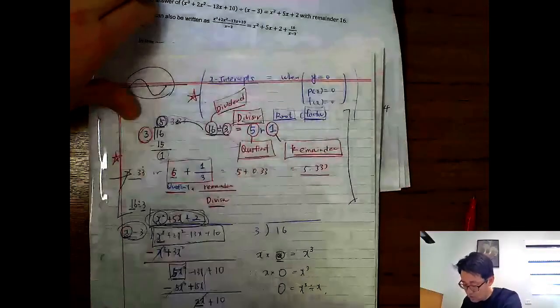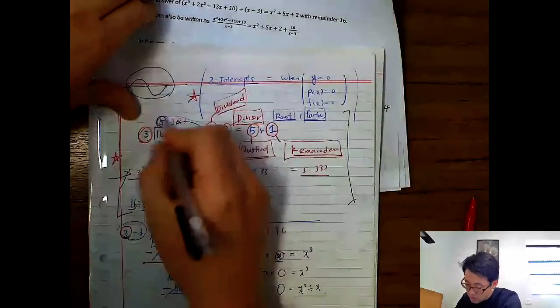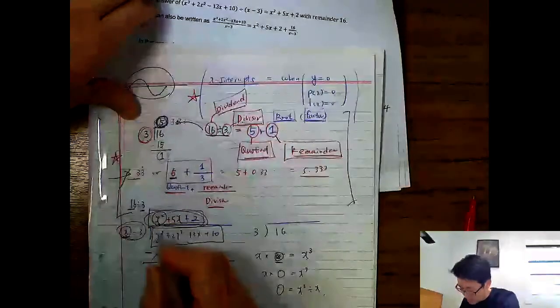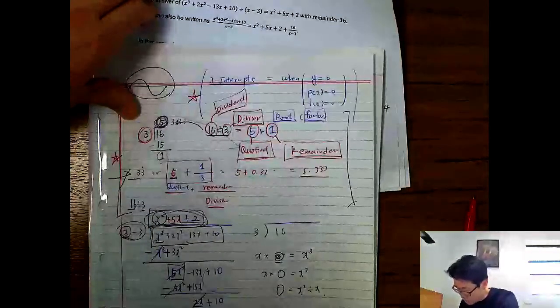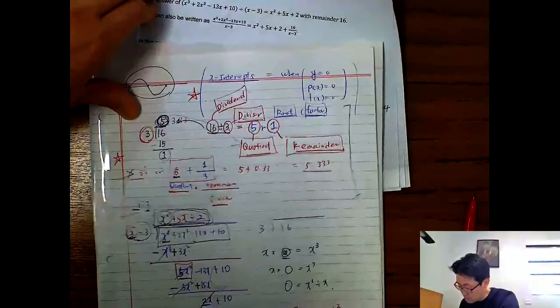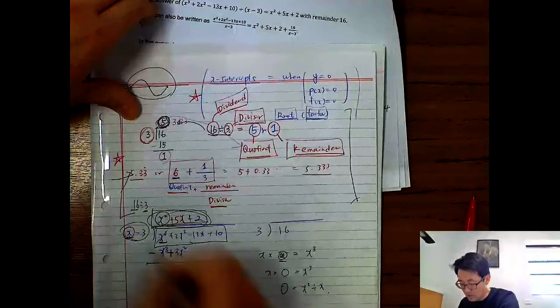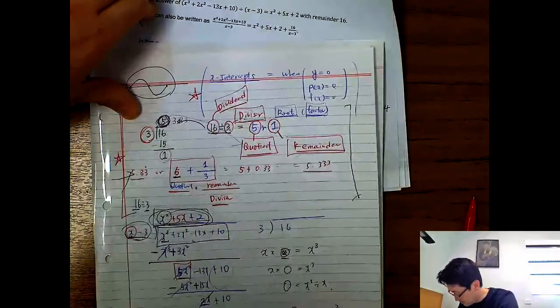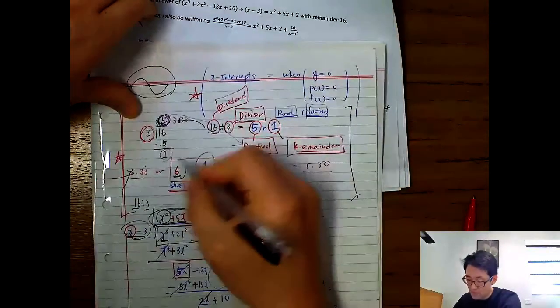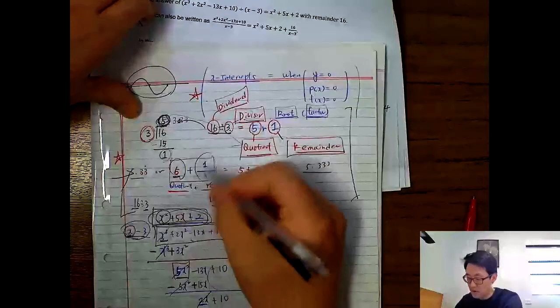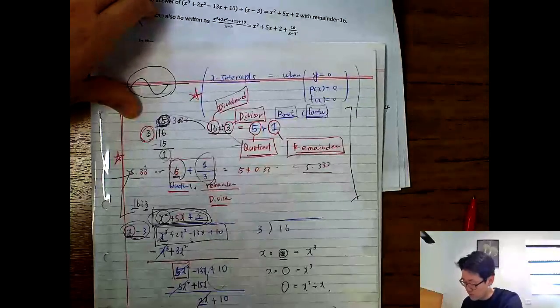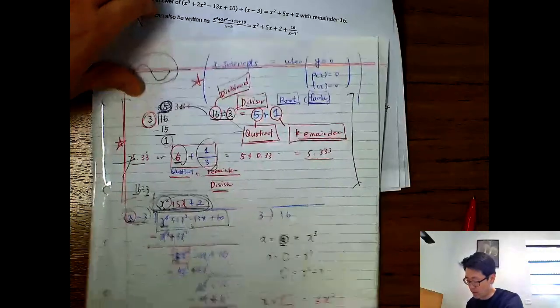What's your quotient? In this case, x squared plus 5x plus 2, plus whatever you left, remainder over divisor. Same way, 5 plus 16 over x minus 3. So we put it that way as well.